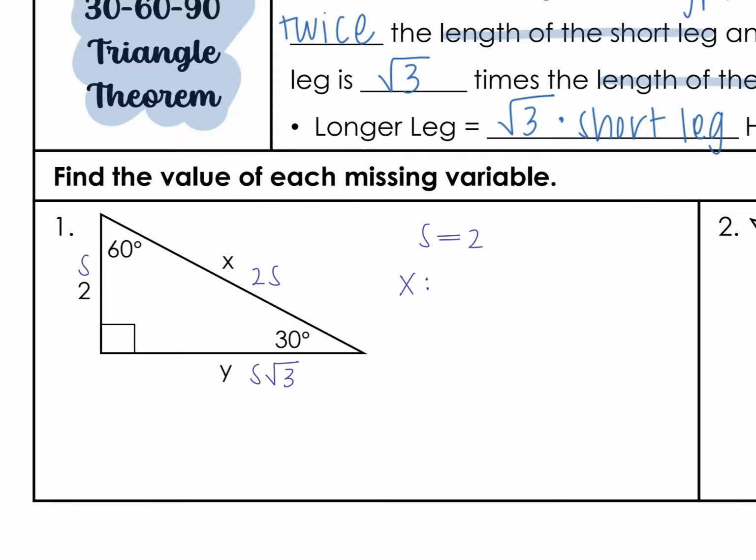Okay, so for my x here, I have that 2s, which when I plug in my s, I'm going to get 2 times 2, which gives me 4. So x here is going to be equal to 4.